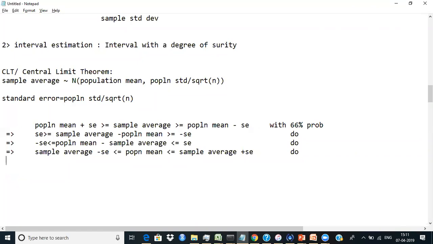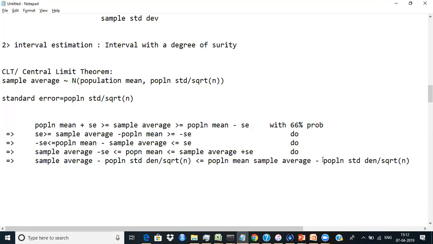Now, there is another interpretation of this. Let me rewrite the last line. The last line is basically sample average minus population standard deviation divided by square root of n, less than or equal to population mean, less than or equal to sample average plus this.